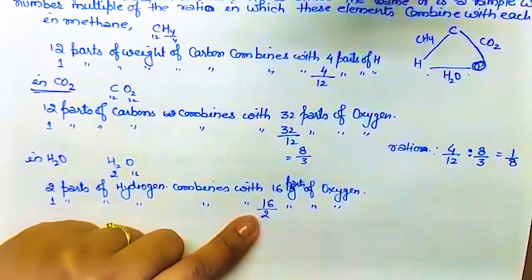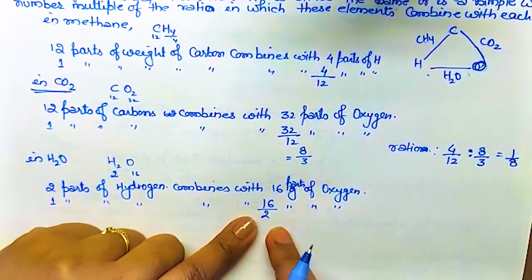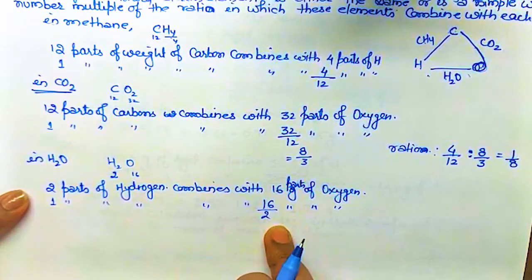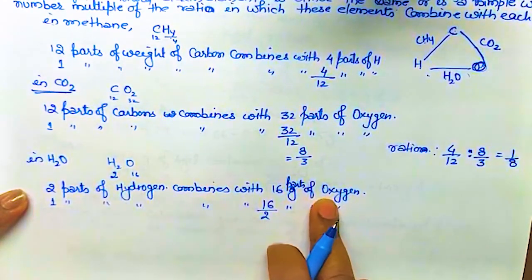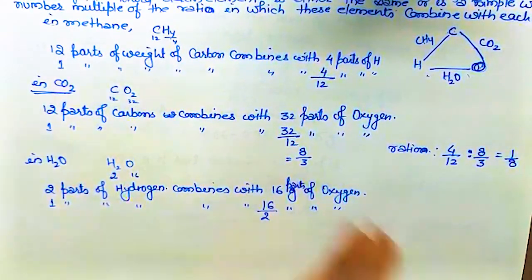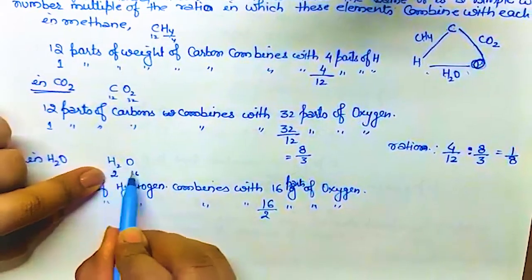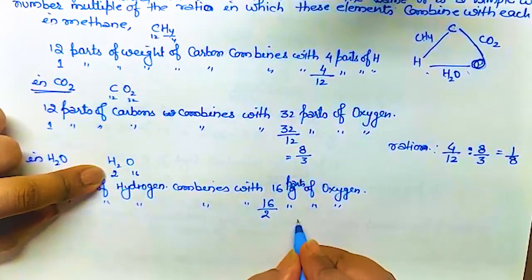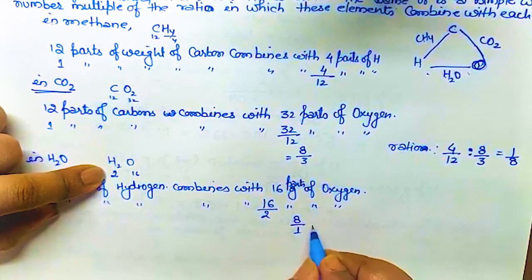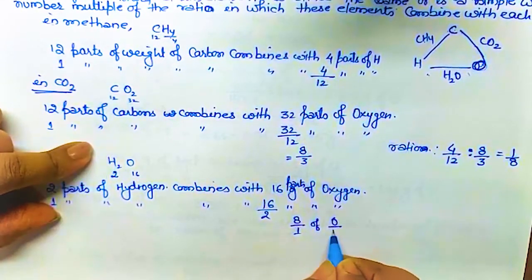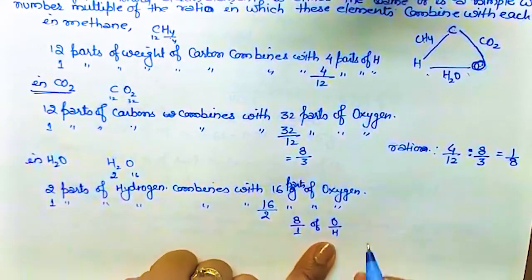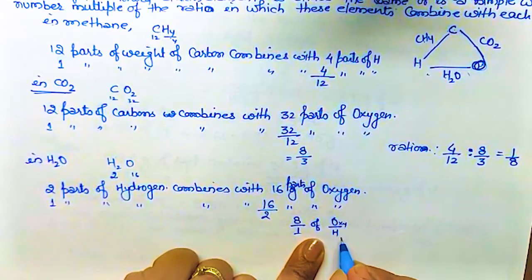So what is here? Find it, 1 second. Yes, 16 part. So hydrogen and oxygen, this is 8:1 for oxygen upon hydrogen. Yes, oxygen upon hydrogen.